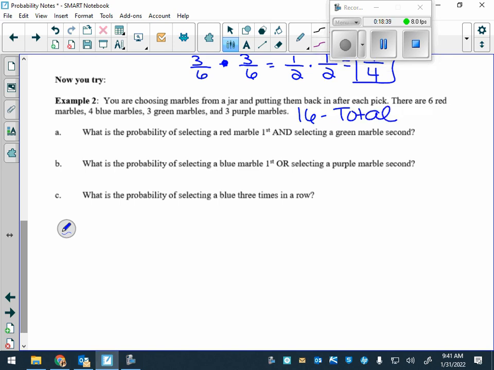All right. So what is the probability of selecting a red marble first and selecting a green marble second? So how would I set that up? Christian, how would I set that up? Good.